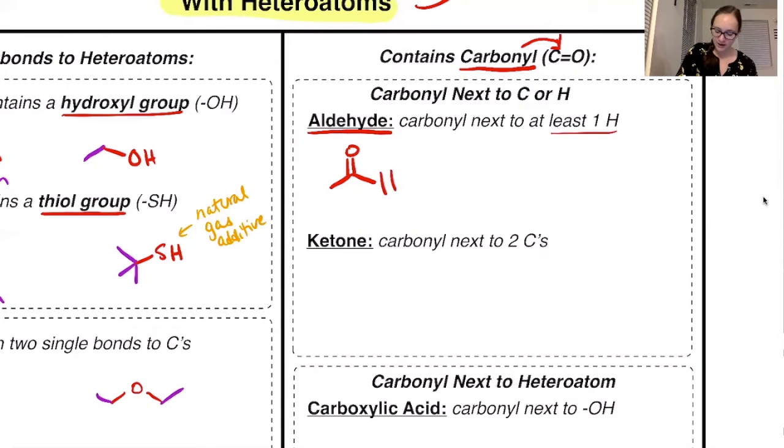So I'm going to write hydrogen here, and then I'll put my R group on the other side. In this case, R can equal carbon or hydrogen. It's most often going to be carbon, but if you have a hydrogen on both sides, that's still called an aldehyde.